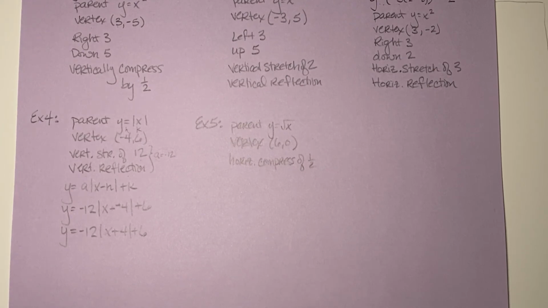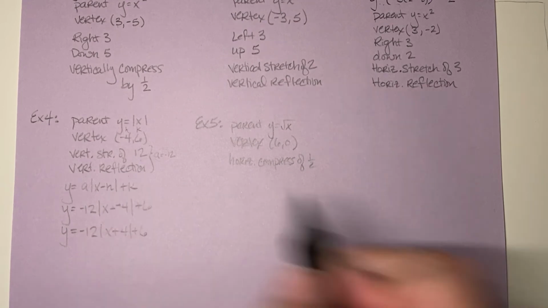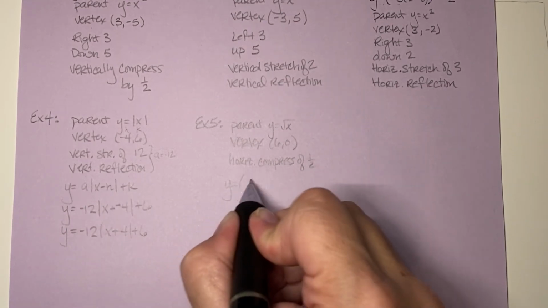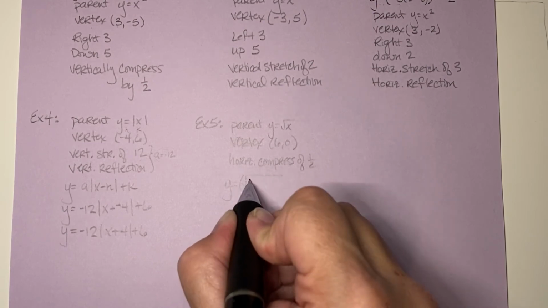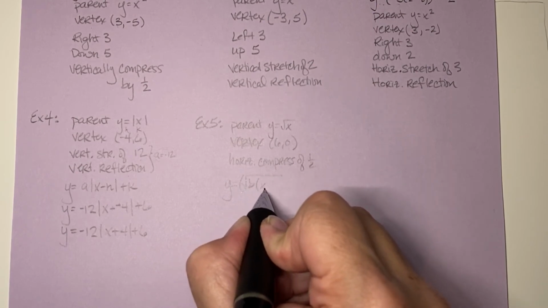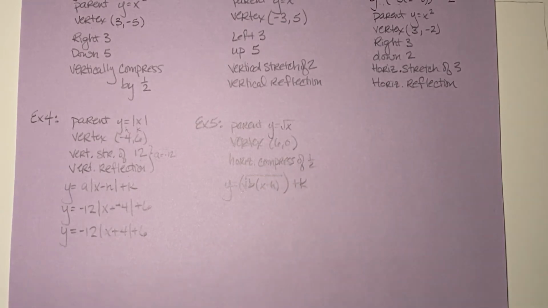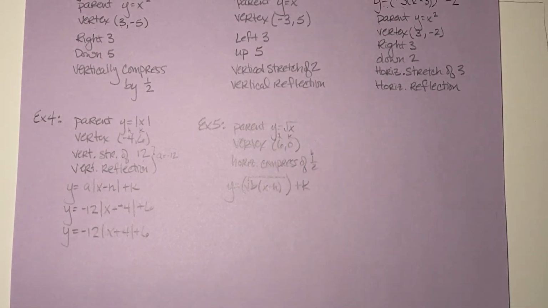Since we don't have a vertical component, we can leave out A. So our base is y equals the square root of b times (x minus h) plus k. This is our H, this is our K, and this is our B.